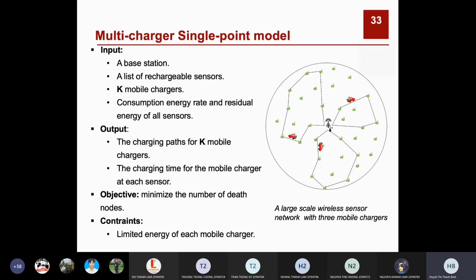But it's difficult for only one mobile charger to provide energy for all the sensor nodes at the same time, and the timing of each sensor's energy is different. So we need to predict which sensor node to charge and how to provide energy for all the sensor nodes. That is the optimization problem.